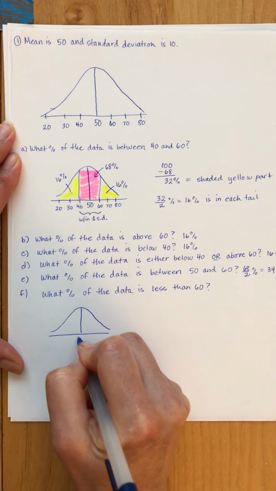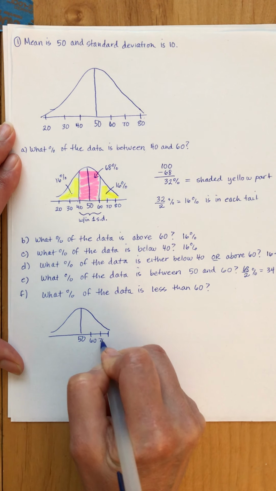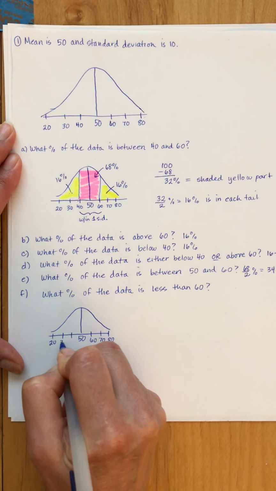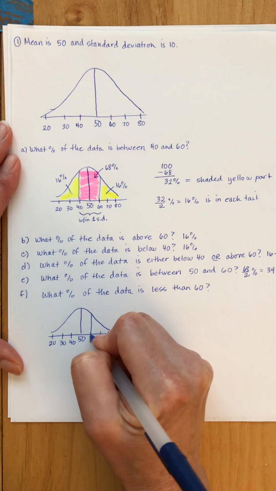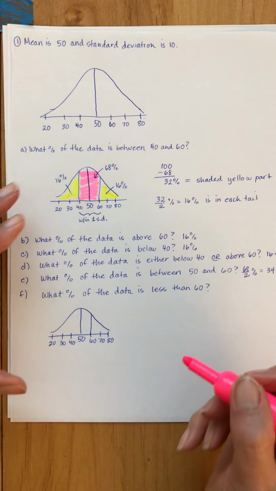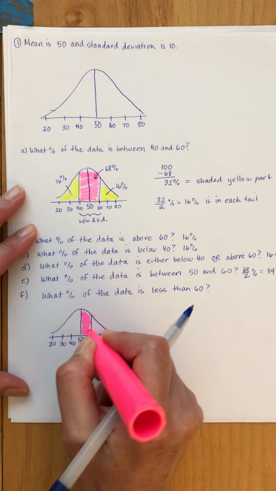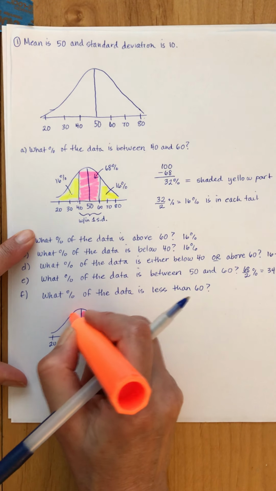Here's our 50, and then we go 60, 70, 80, and then 40, 30, 20. We want to know what's below 60, so I'm going to shade this in two pieces. I'm going to shade this part pink, and this part orange.